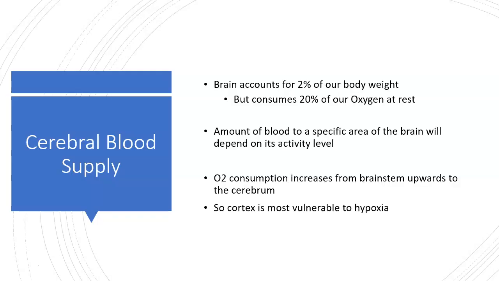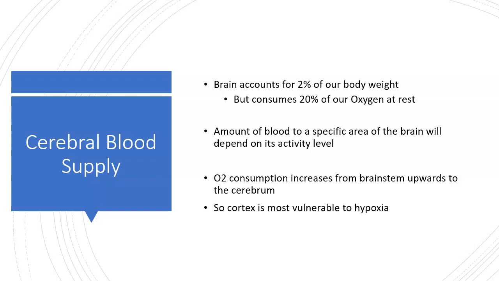So now let's take a look at the cerebral blood supply. So, of course, the brain accounts for about 2% of our total body weight, but it consumes about 20% of our oxygen at rest, just for the brain to function. The amount of blood to a specific area of the brain will depend on its activity level, right? Depending on which part of your brain is working hardest at that time, that's where the blood is headed.